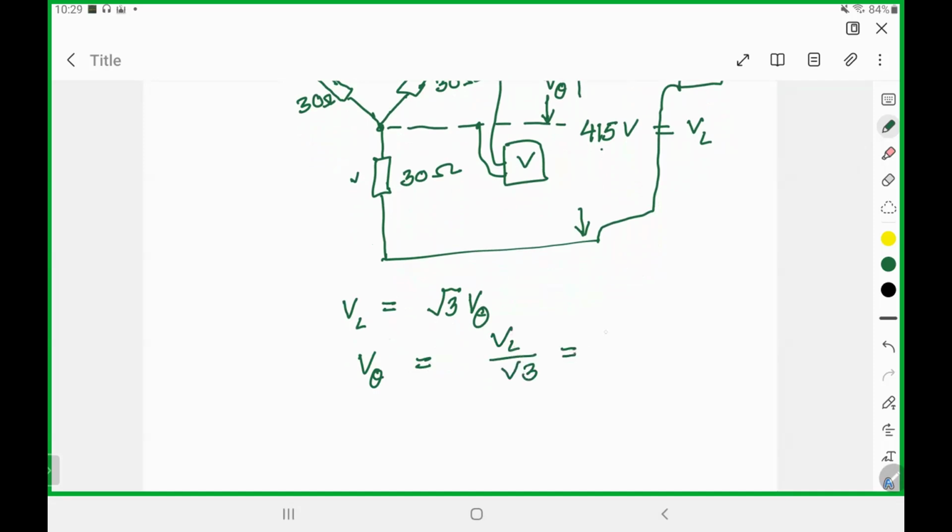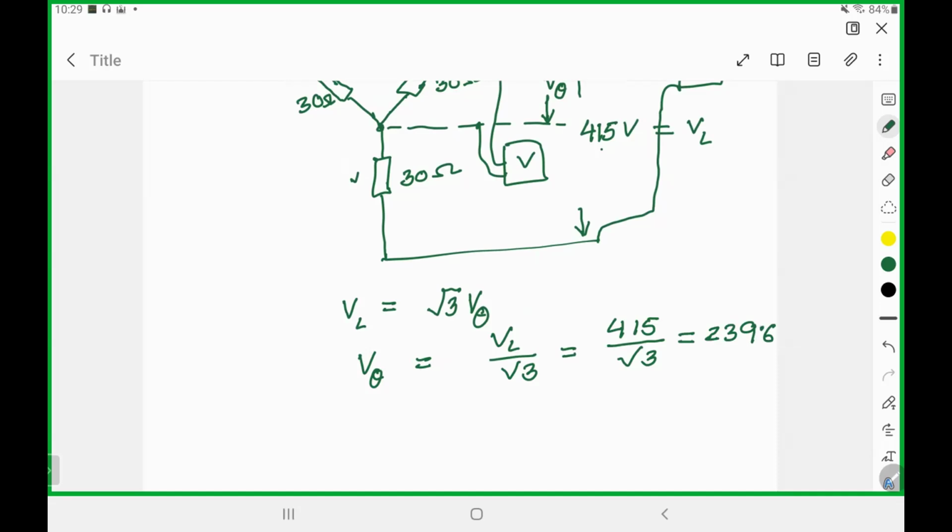So that will be equal to 415 divided by square root of 3, and that will be equal to 239 point something, 0.6. So yeah, that is the voltage.